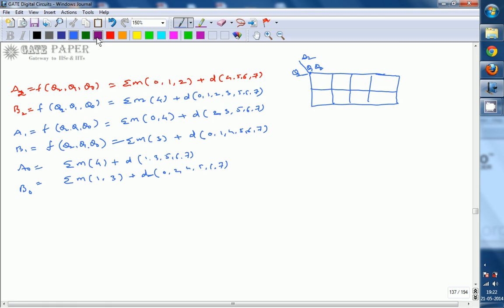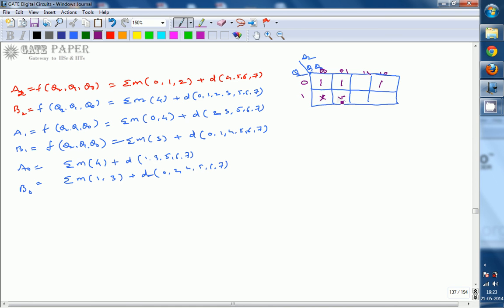a2 consists of the 0, 1, 2 terms, and don't cares are 4, 5, 6, 7.